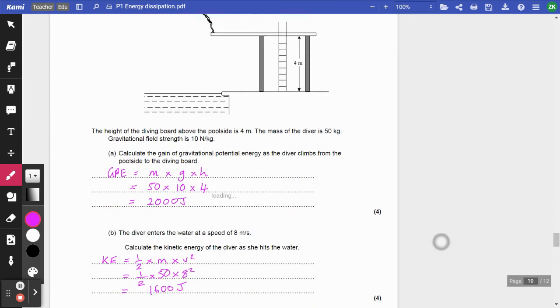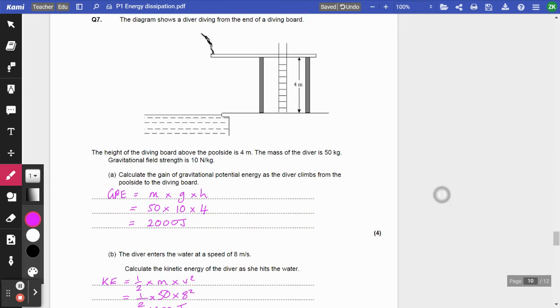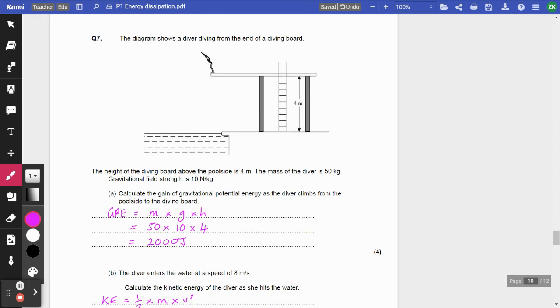Now question 7. GPE equals mass times gravity times height. We've been asked to calculate the GPE for when the diver dives 4 meters from the platform. The formula for GPE is mass times gravity times height.